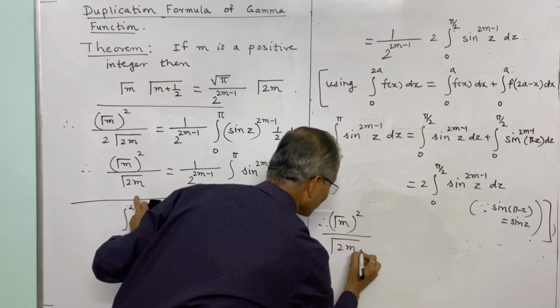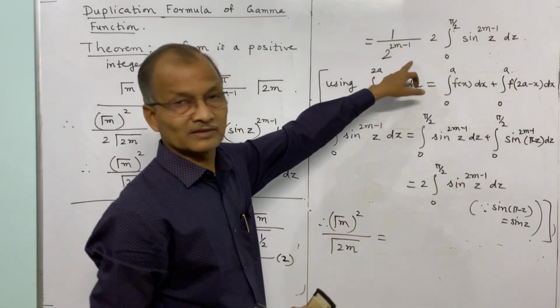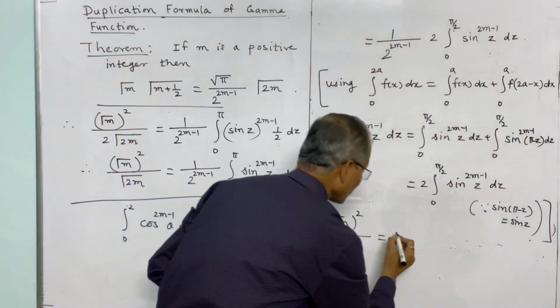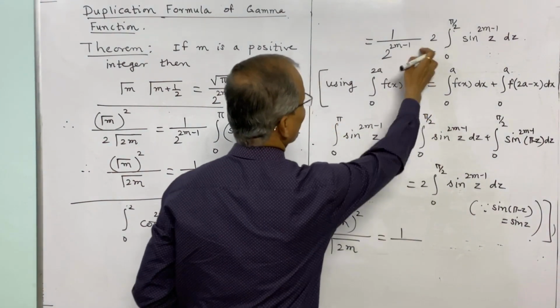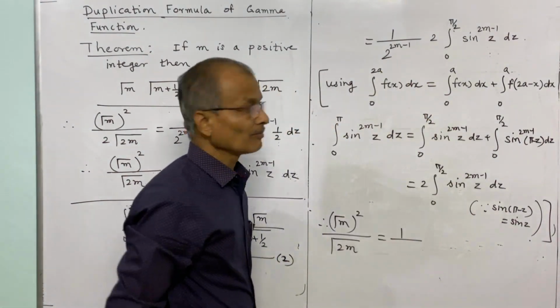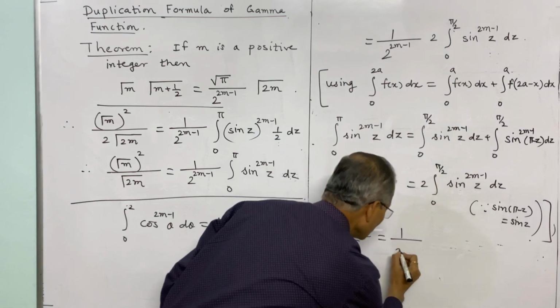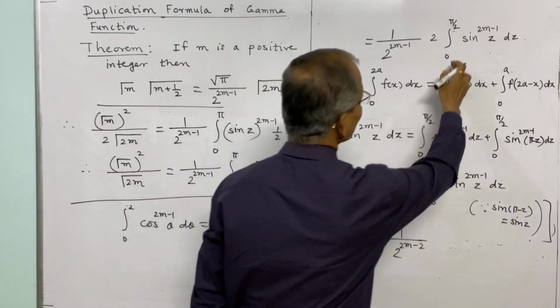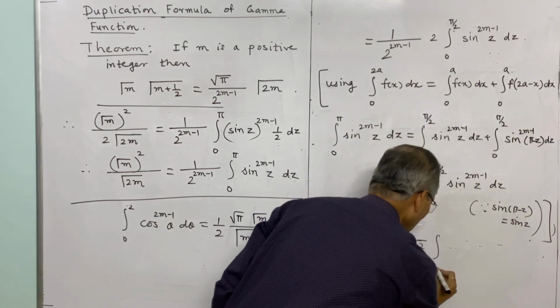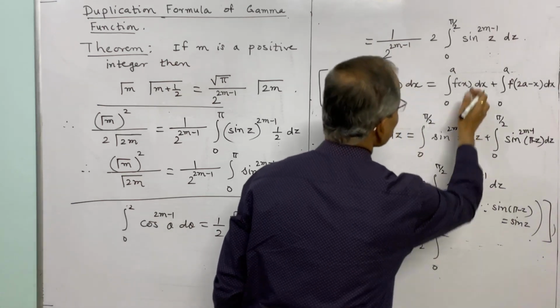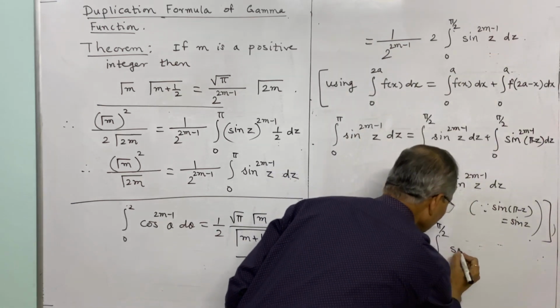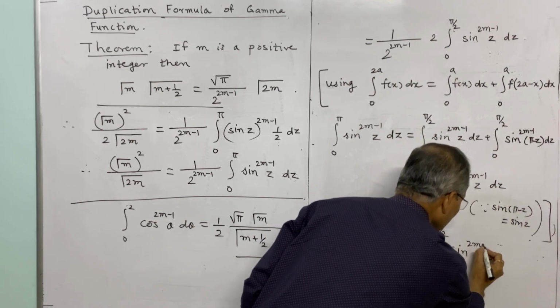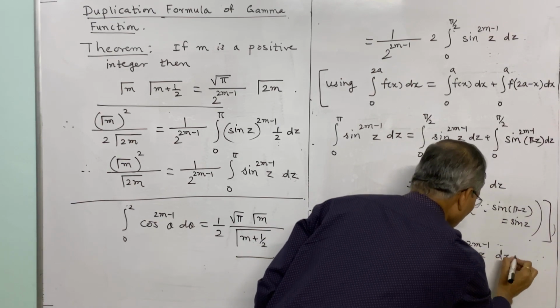What is the right side? The right side is 1 upon, these two we shall take in the denominator as a negative power, minus 1, that is 2 to the power 2m minus 2, and the integral from 0 to pi by 2 of sine z to the power 2m minus 1 dz.